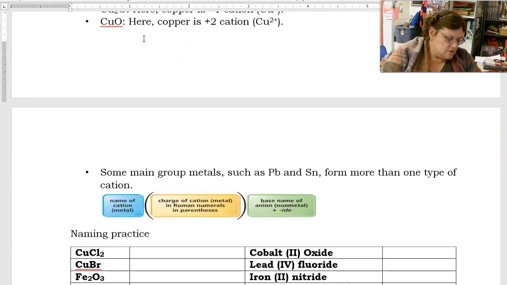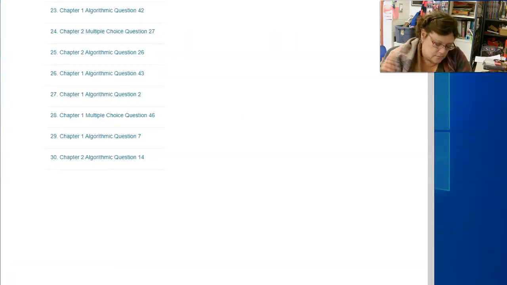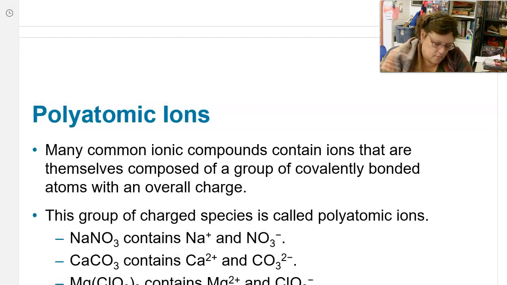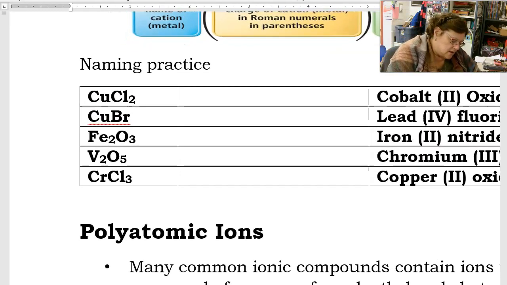All right, let's do the other type, the type 2 now. The first thing we're going to do is figure out what possible charges they could have. Copper could have a +1 or +2. So let's look at who he's bonding with.